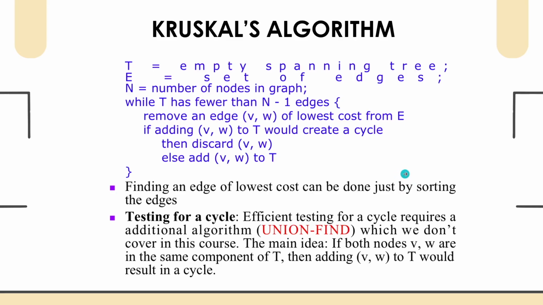So, G dash is the resultant minimal spanning tree and E dash is the set of edges in that minimal spanning tree.